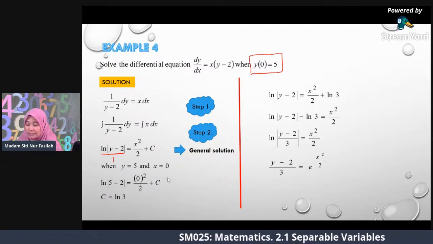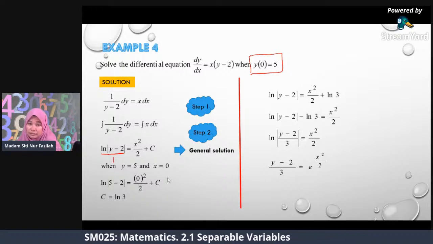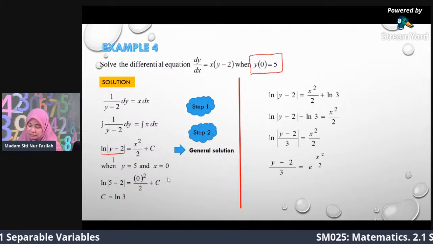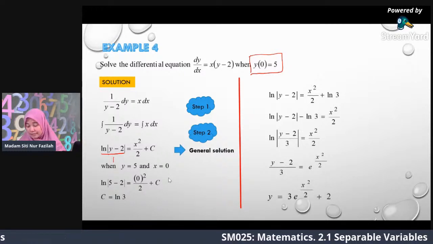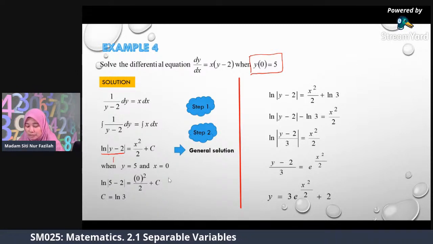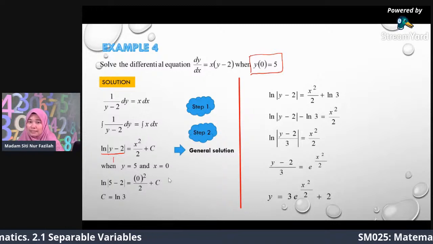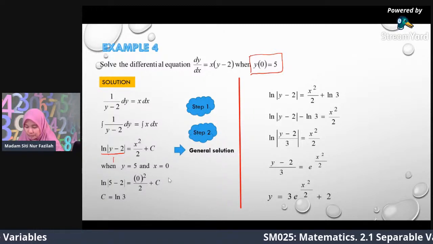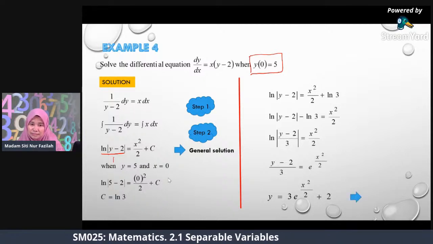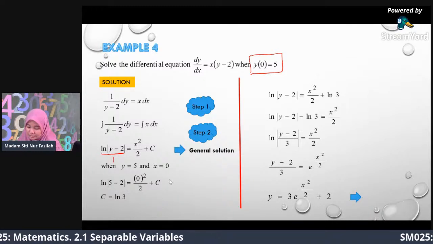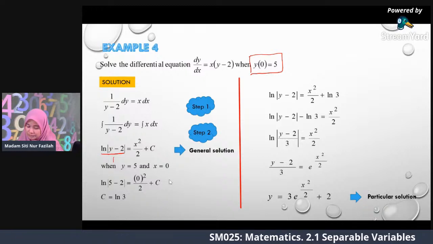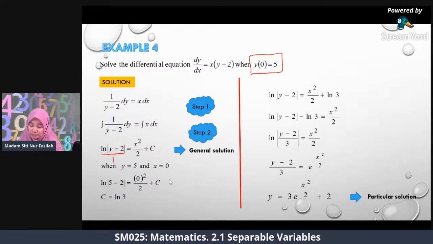Then we express y in terms of x: y equals 3e to the power of x squared over 2 plus 2. This is the particular solution, without C anymore.